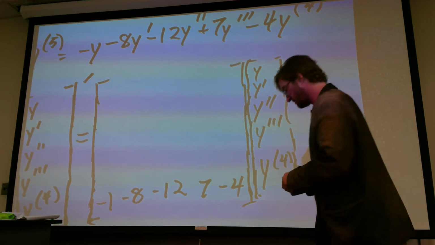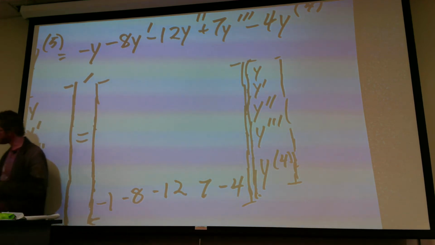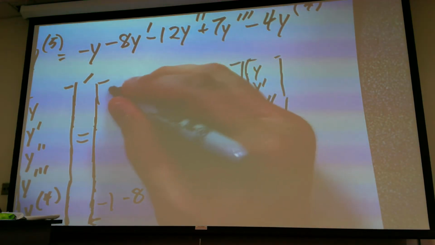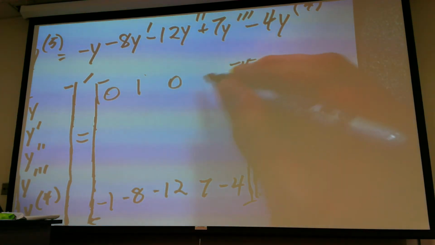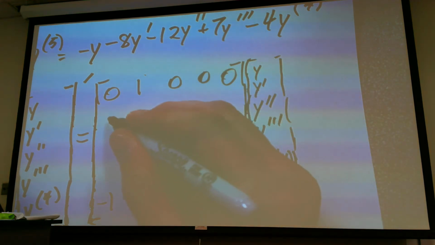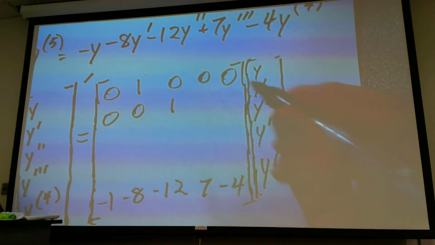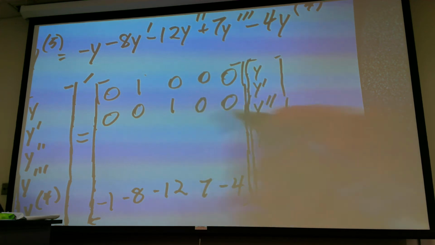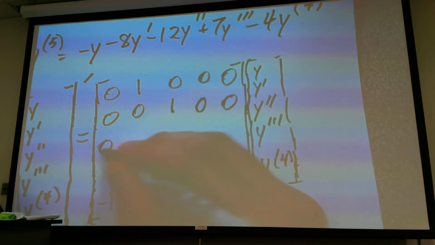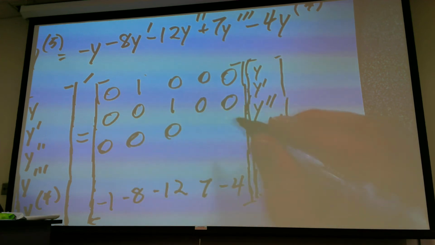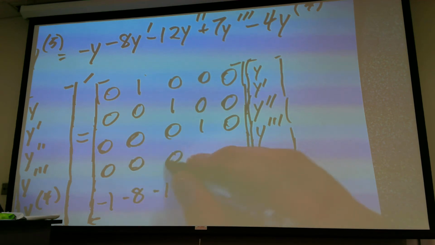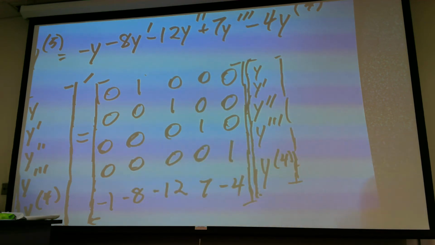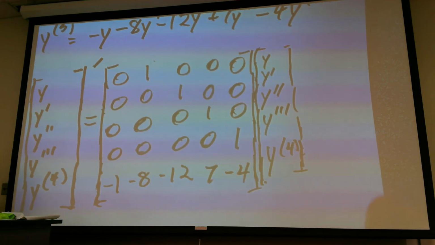Okay, so that's the offset diagonal matrix, right?